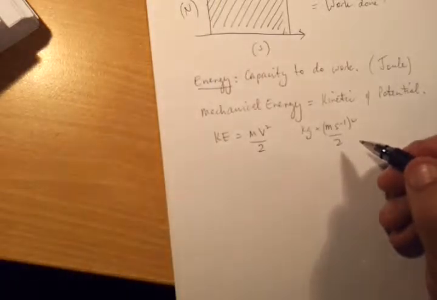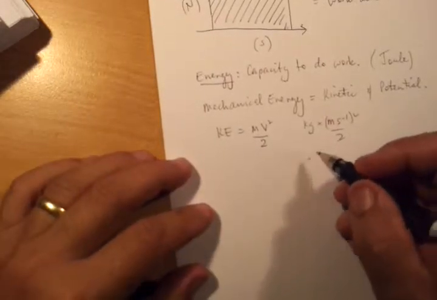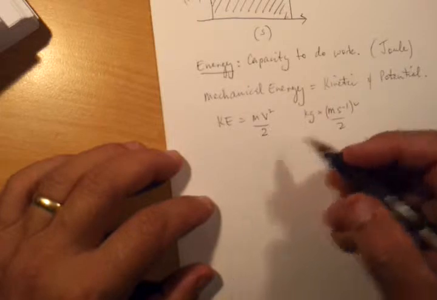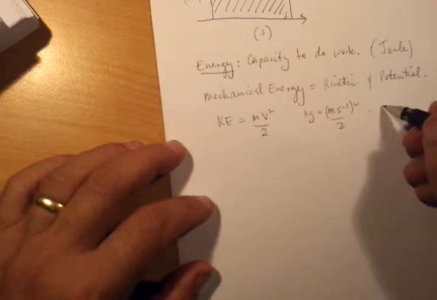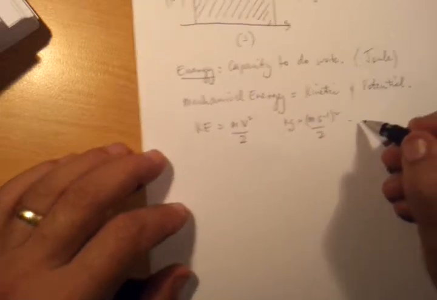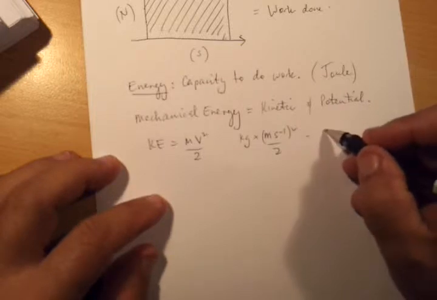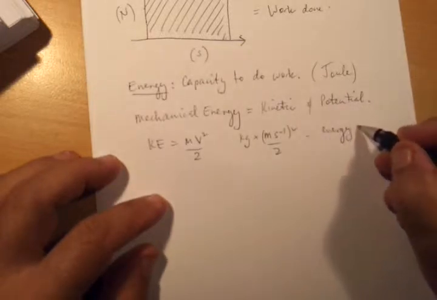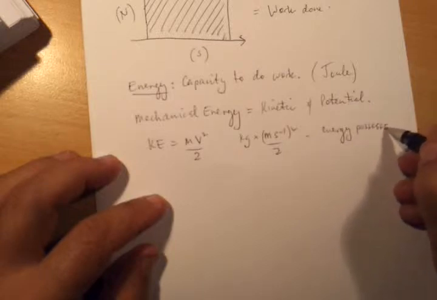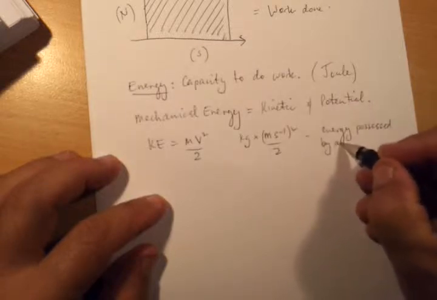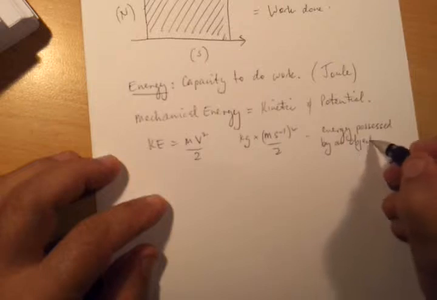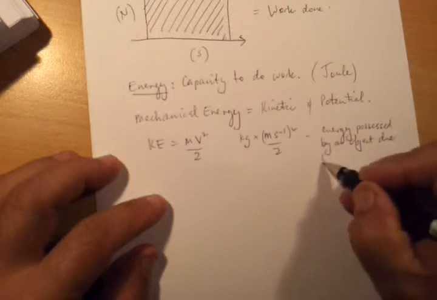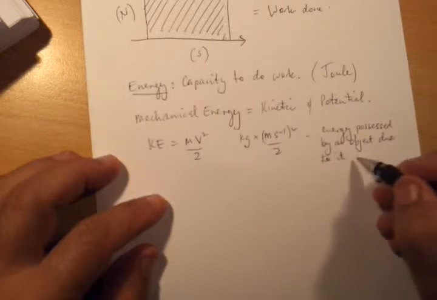And kinetic energy, by the way, is energy that an object possesses due to its motion. So it's energy possessed by an object due to its motion.